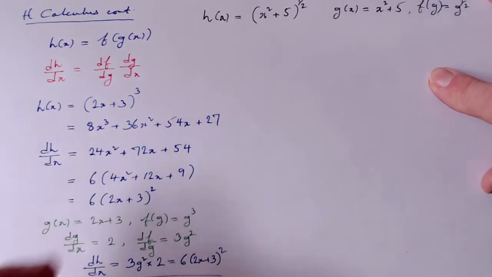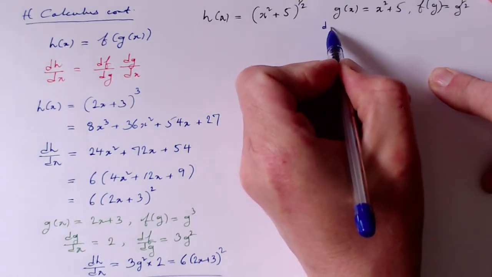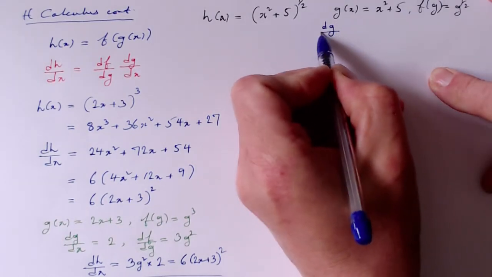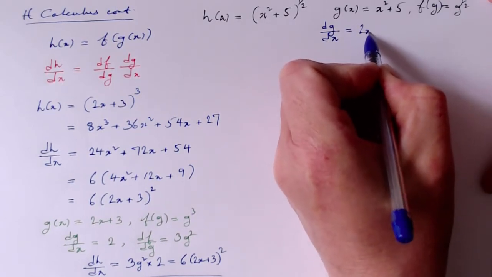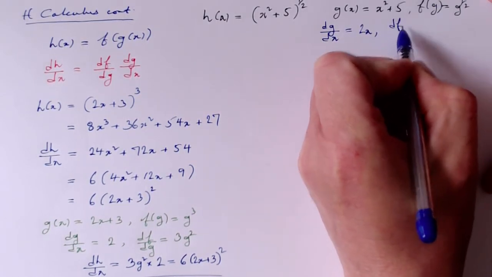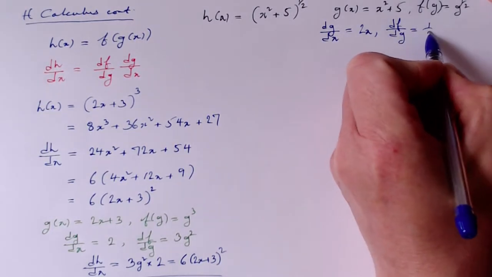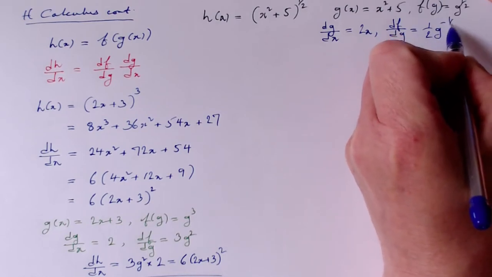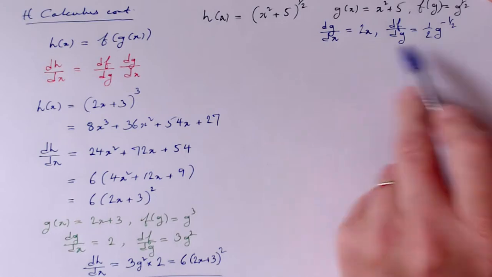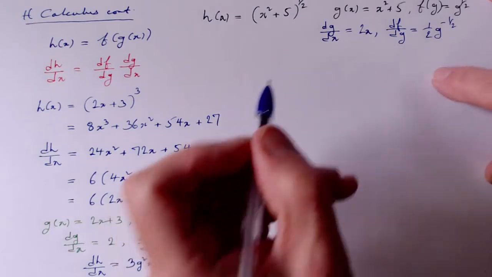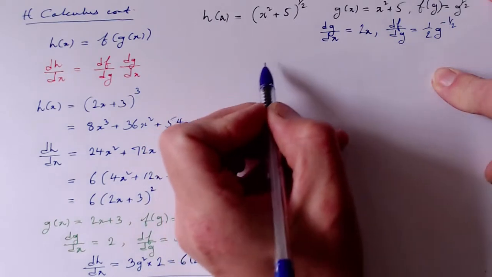I can now differentiate those. So I have that dg by dx is equal to 2x, and I have that df by dg is equal to 1/2 g to the minus 1/2. You see, I'm just using these basic ingredients of powers that we know how to differentiate very straightforwardly, and then the chain rule says we just multiply these two together to get the derivative.